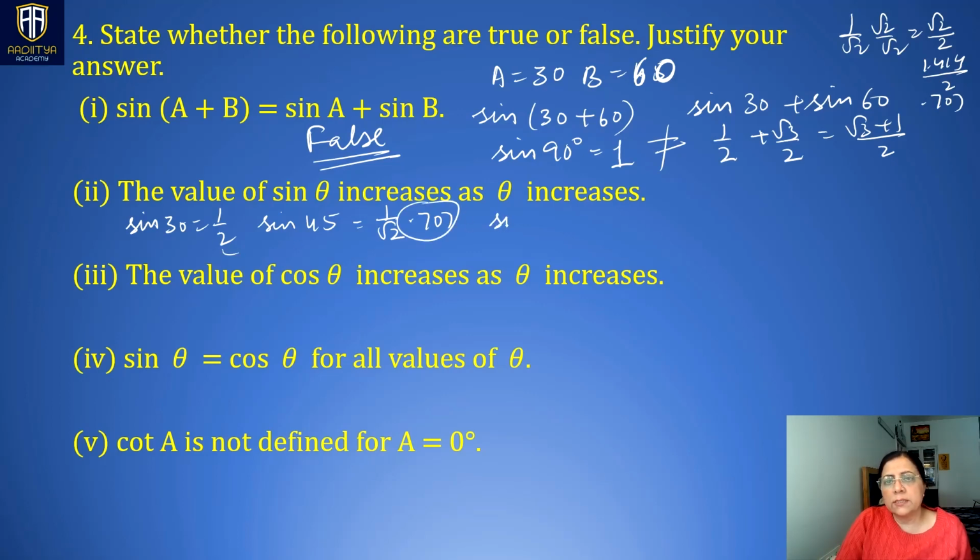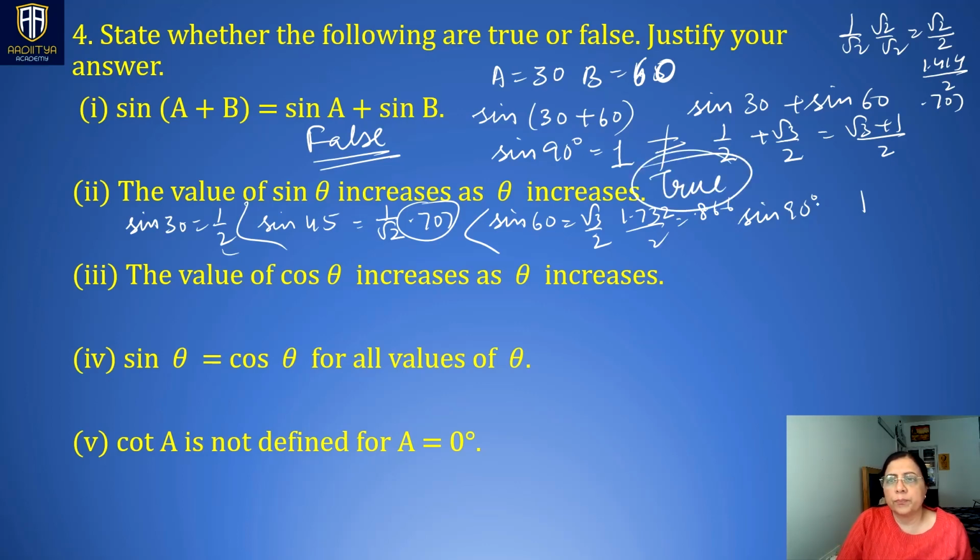Then we go for sine 60. Sine 60 is root 3 by 2, that means 1.732 by 2 is 0.866. Okay, this is in increasing order, right? And finally, we have sine 90, which is 1. So yes, for sine theta, this is true. You can write this statement is true, right?